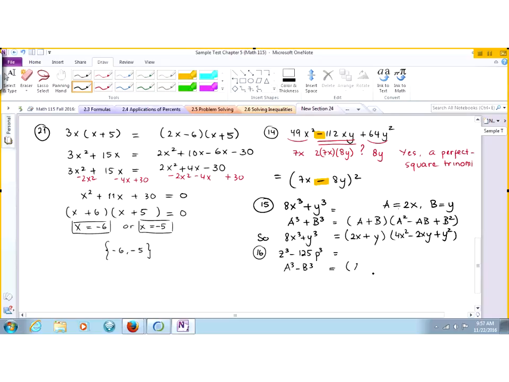I want alphabetical order, ABC instead of CAB. So what is a cubed minus b cubed? A minus b times a squared plus ab plus b squared.